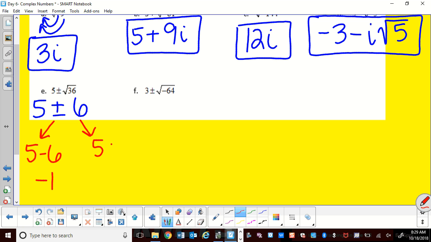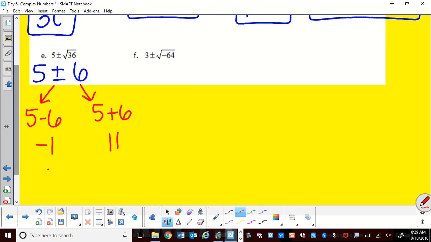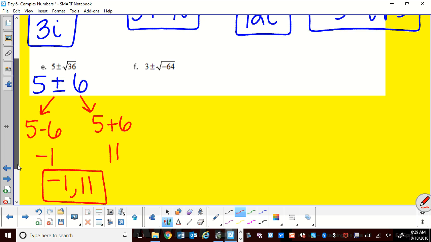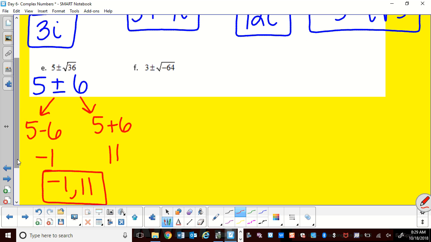And what's 5 plus 6? 11. So my answer here is negative 1 or 11. The reason why we can simplify this one is because I don't have an i. They just gave me 5 plus or minus the square root of 36. So I subtracted it and then I added it.